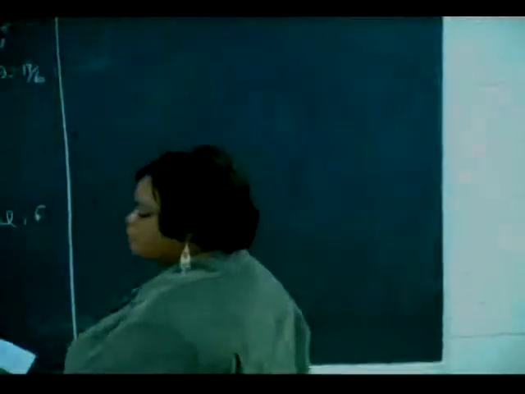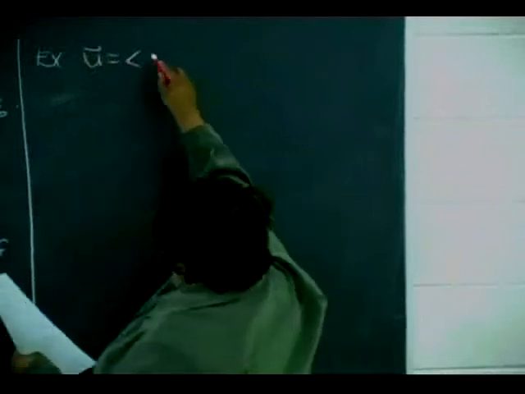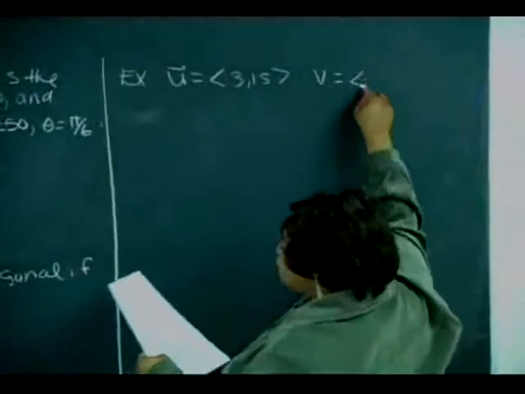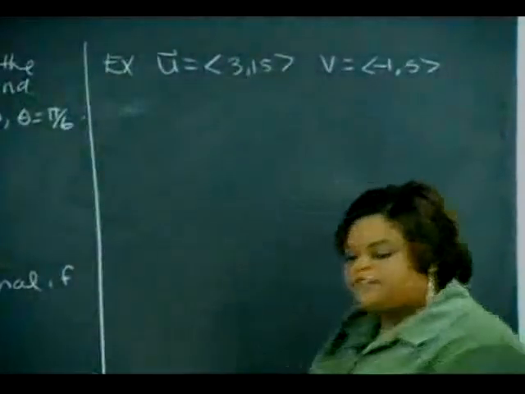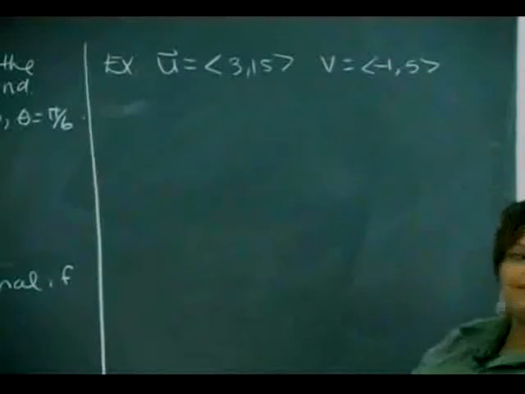So let's look at some examples, and let's determine whether these vectors are orthogonal, parallel, or neither. The first vectors, we'll look at U being the vector 3, 15, and V being the vector -1, 5. Now, first of all, we want to see, can I multiply one of these vectors by something and get to the other one?